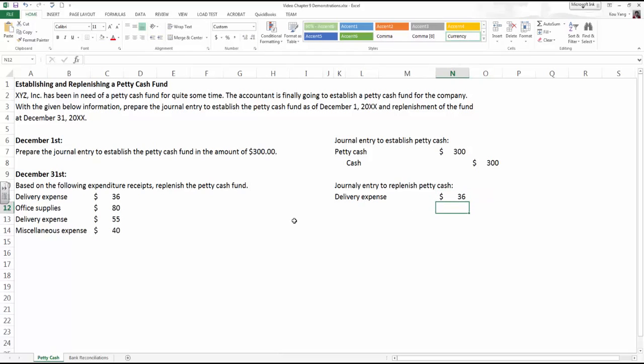We actually have another one down here, so I'm going to combine them together. My delivery expense is $36 plus the $55, for a total of $91.